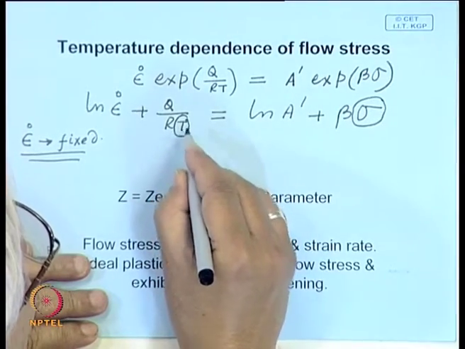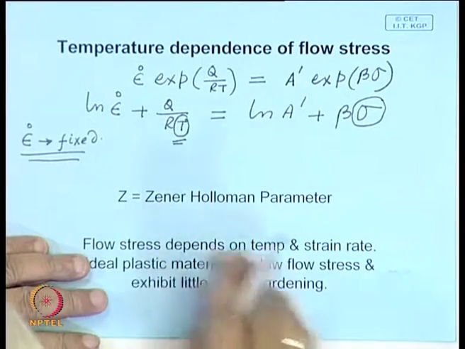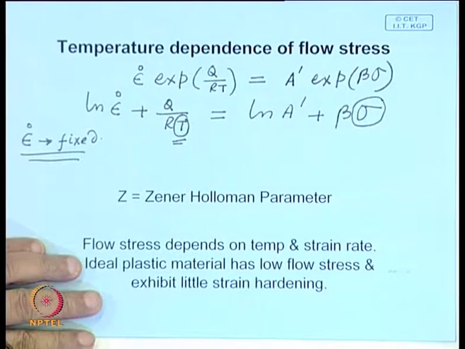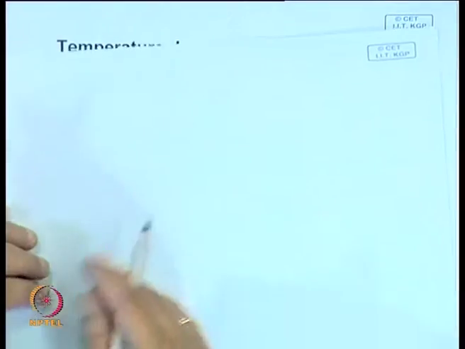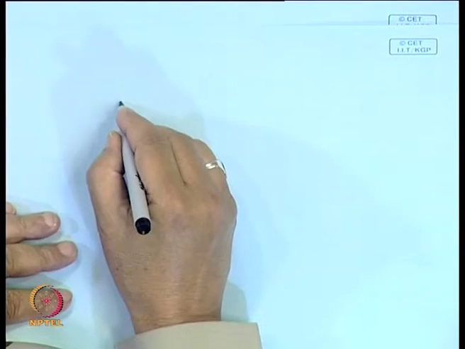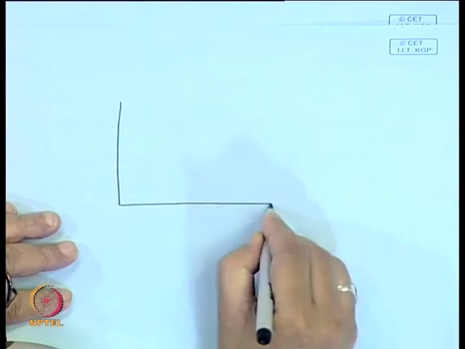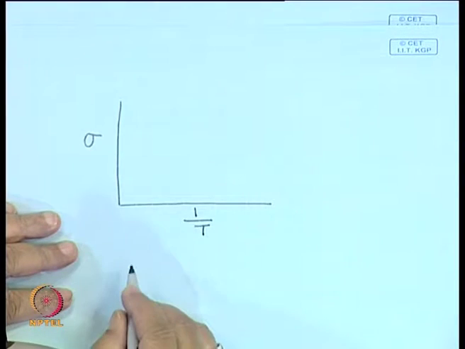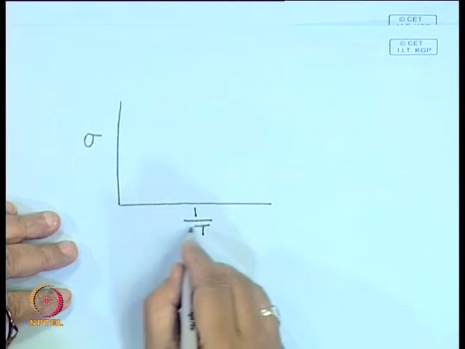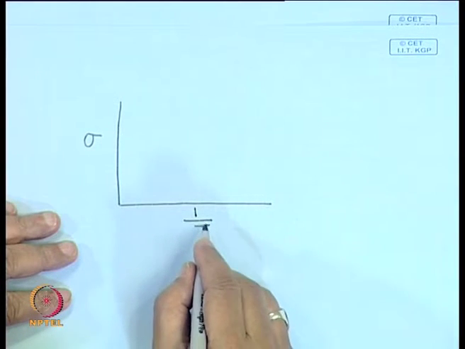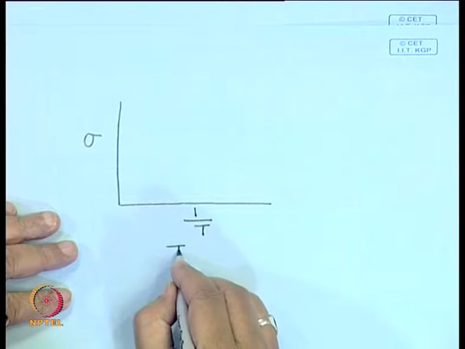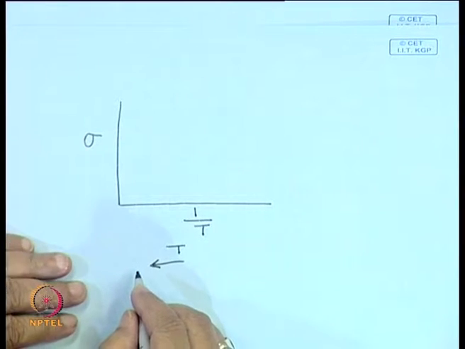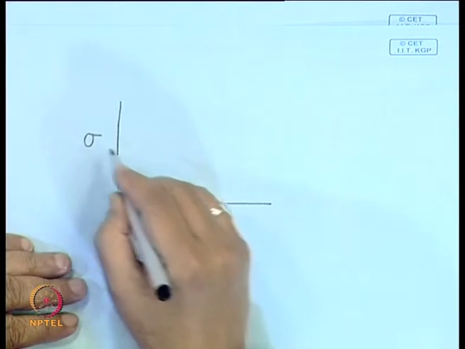Stress is inversely proportional to temperature, and therefore here if you make a plot, what will the plot look like? If you make a plot of sigma against 1 over temperature, so the temperature is increasing in this direction. That means the higher the temperature, the lower is the strength of the material.